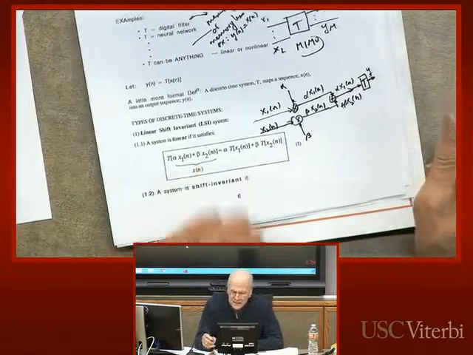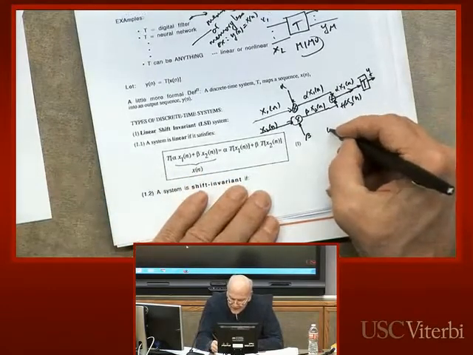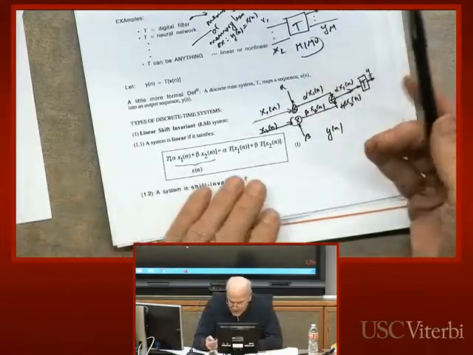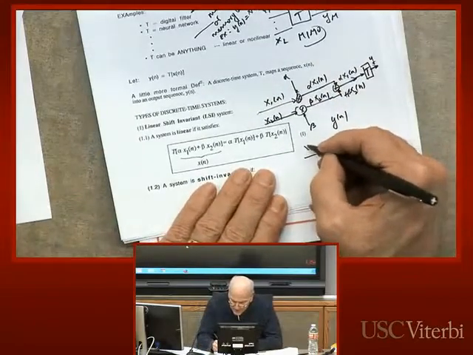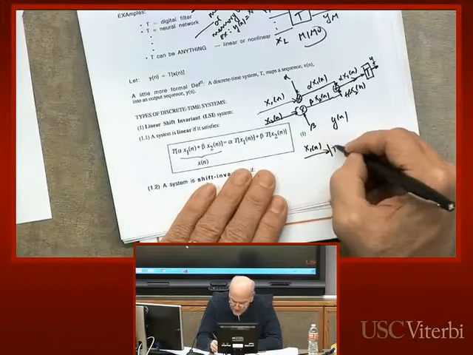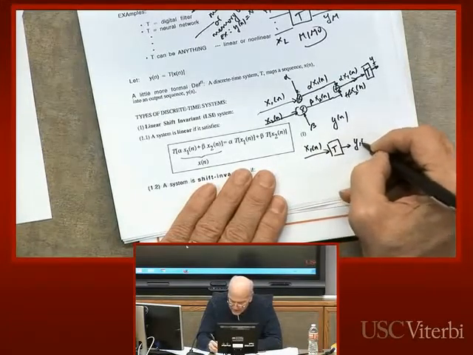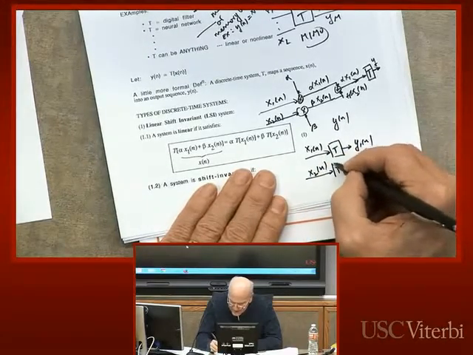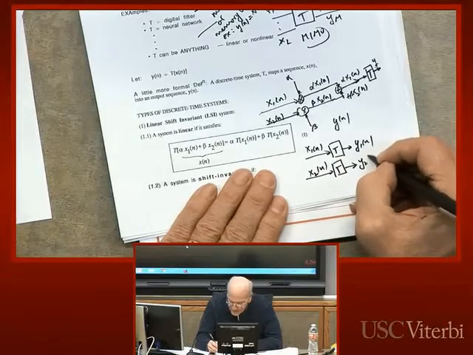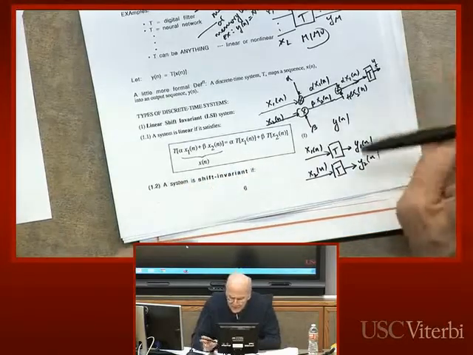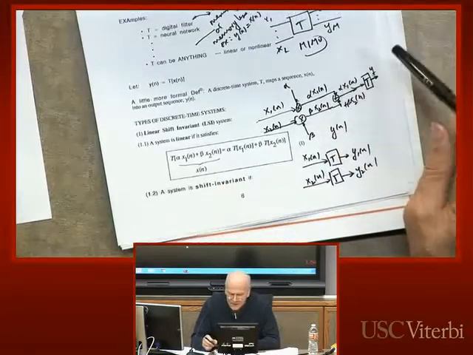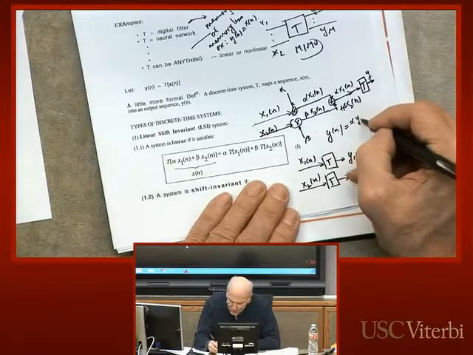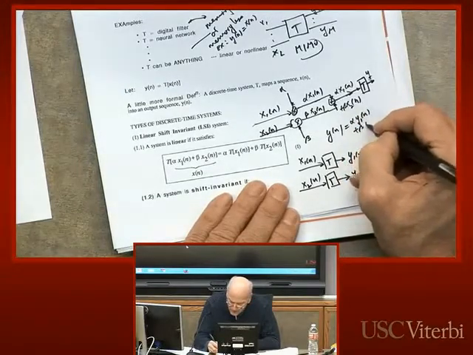Well, what this says is that if the system is linear, and you happen to know what the response of the system is to x1, so in other words, here's another diagram: x1 goes into the same system, out comes y1. x2 goes into the same system, and you know its output, y2. If the system is linear, then the response to a sum of the inputs multiplied by alpha and beta is equal to alpha y1 of n plus beta y2 of n.